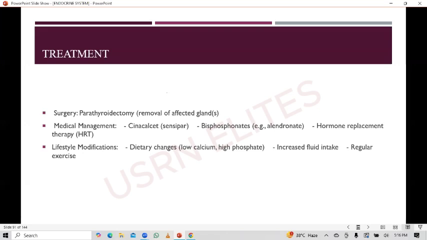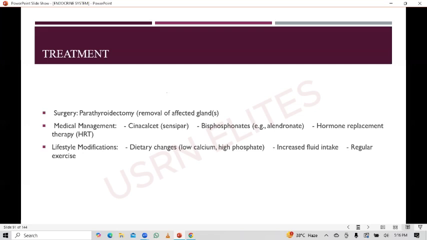So when you give the phosphate, what does it do? It binds with calcium and then it becomes excreted. So one thing you should know is that once you increase the levels of phosphate, the calcium level will begin to drop. I'll ask you a question on this.